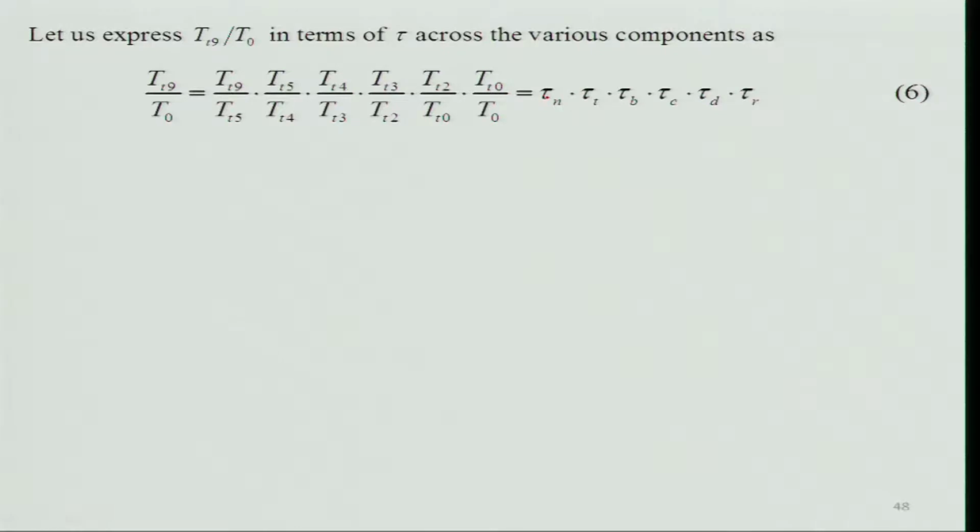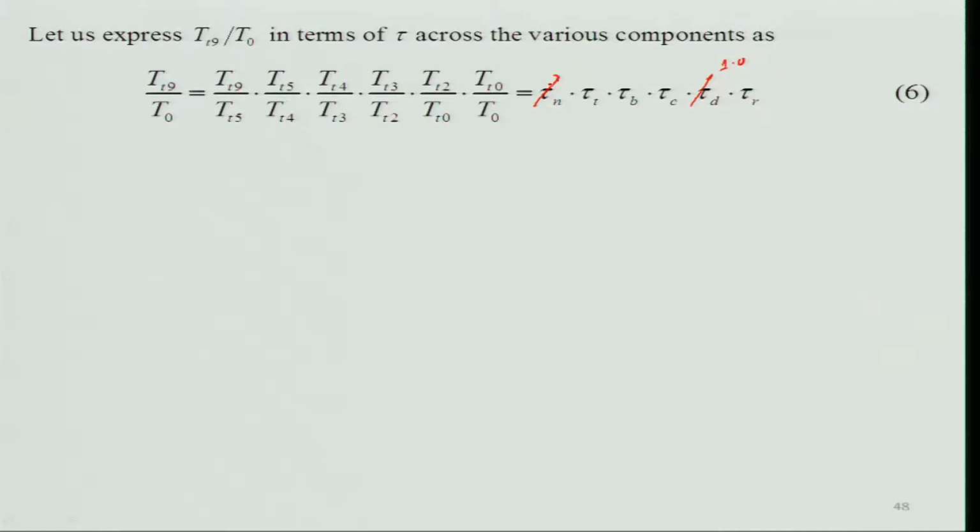If you look at it, you will get this tau n, tau t, tau b, tau c, tau d, and tau r. If you look, tau d is what? Is it 1? Because it is an adiabatic process in the air intake. There is no heat, so that will be 1. Similarly, in the nozzle, are you adding some heat?